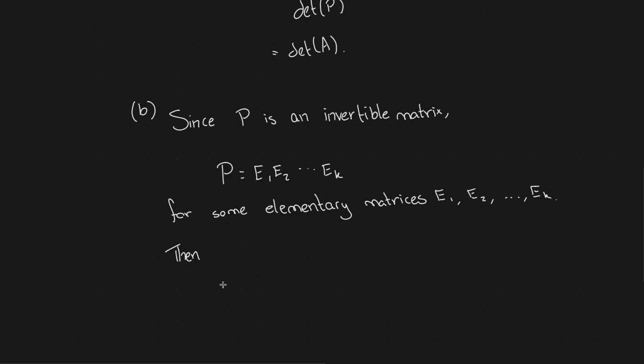Then P inverse AP is equal to, so we want P inverse, which is going to be the inverse of this. So that's going to be EK inverse, all the way to E2 inverse, E1 inverse times A times P, which is E1, E2, all the way to EK.